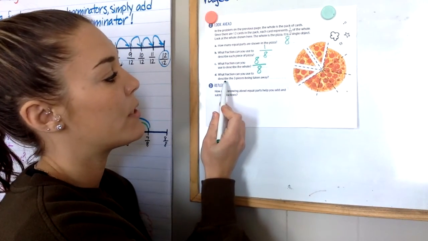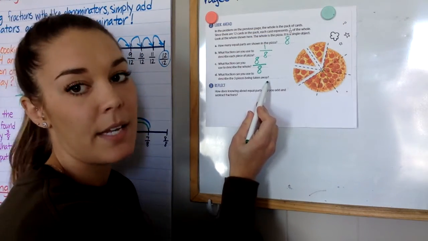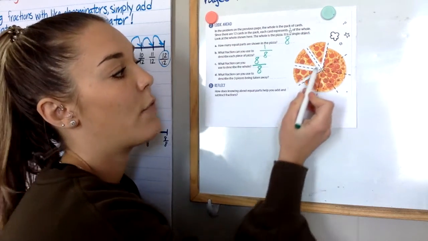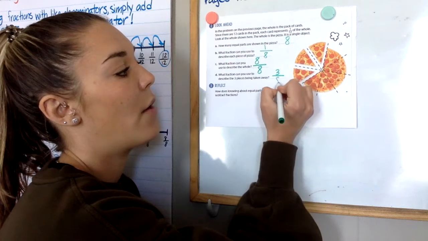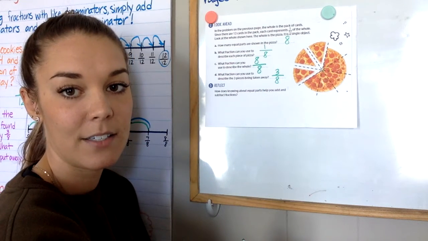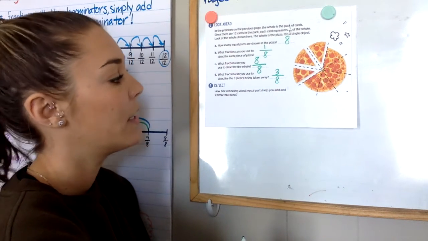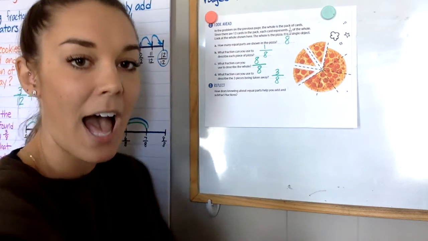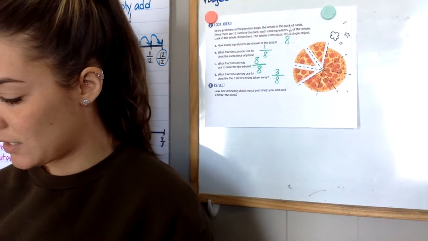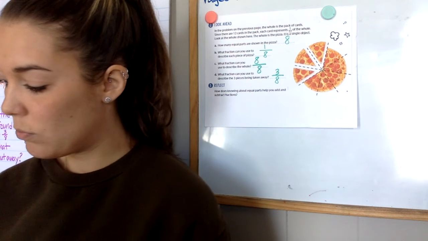What fraction can you use to describe the 3 pieces being taken away? So what fraction describes these 3 pieces? 3 out of 8, okay? The reflection part says, how does knowing about equal parts help you add and subtract fractions?